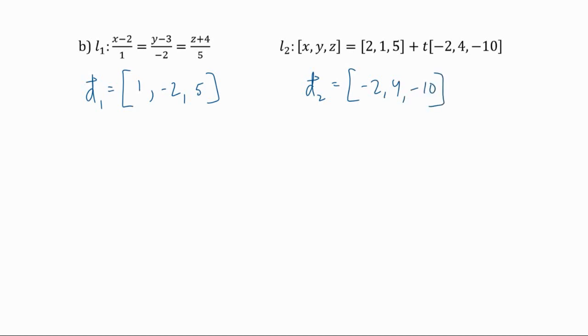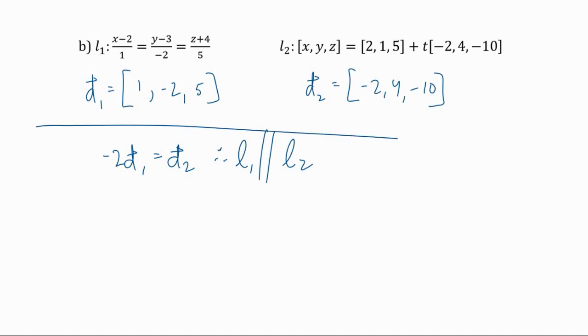We notice that, again, they are scalar multiples of each other. So -2 times d1 equals d2. Therefore, line 1 is parallel to line 2. Now, I can't remember if I mentioned this in the last one, but if this is the approach that you're doing, then this is a necessary part of your solution. So I said that you don't have to write out the direction vectors if it turns out that they're not scalar multiples and the lines are not parallel, then you don't have to show that work.